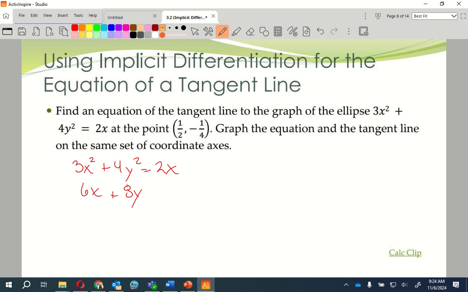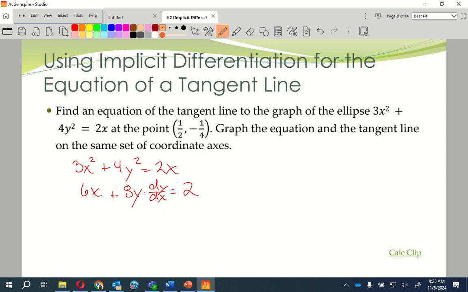Yep. Times dy/dx. Okay, so we're taking the derivative of something that's not x. I have to state that I'm taking the derivative of something that's not x. Equals. What's the derivative of 2x?